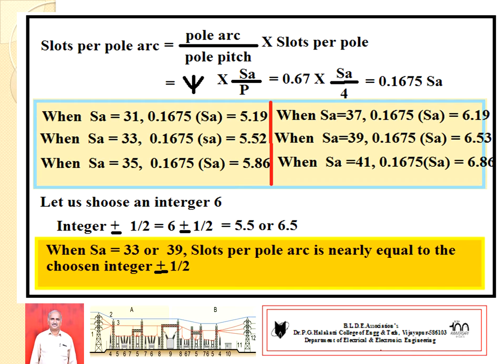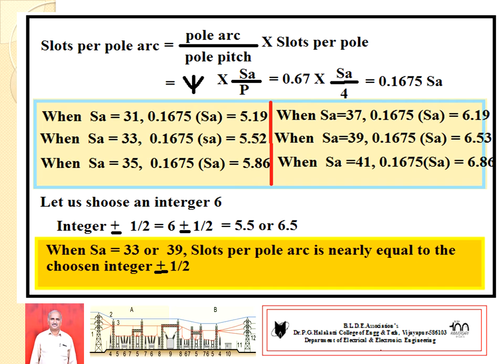Therefore, let us choose an integer 6. Integer plus or minus half. It may be 1 plus value, 1 minus value. 6 plus half, 6.5. 6 minus half, it may be 5.5. So, this value may be 5.5 or may be 6.5.